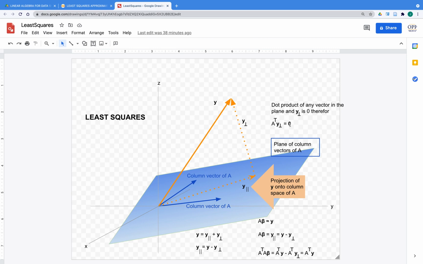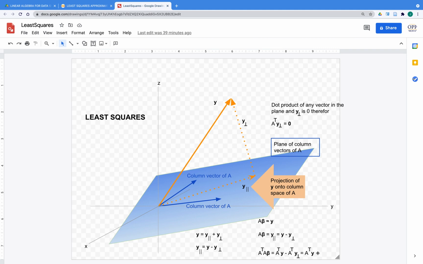And I'm taking the dot product of each of them with this perpendicular vector, so all those dot products are going to be 0, 0, 0, so I end up with this 0 vector. And if I add a 0 vector, I'm doing nothing, I might just throw it away. So in the end, we're left just with A transpose y. So A transpose A times beta equals A transpose y.